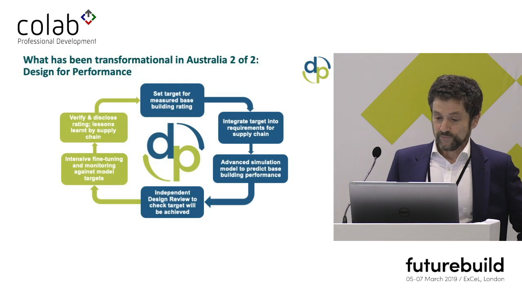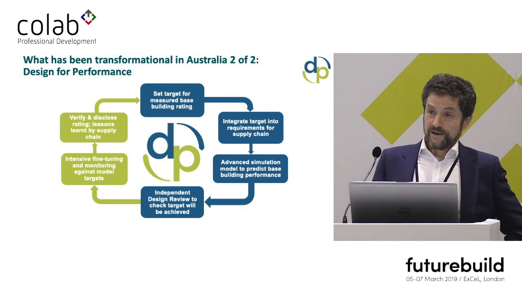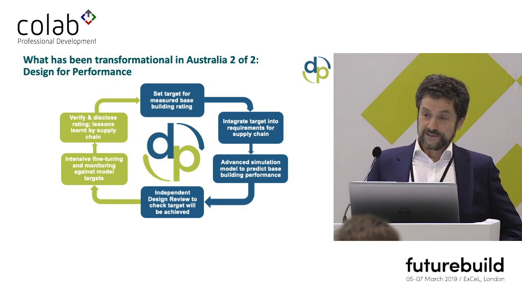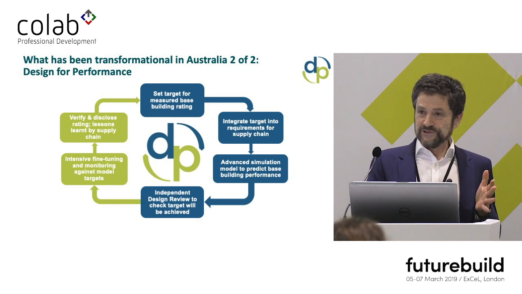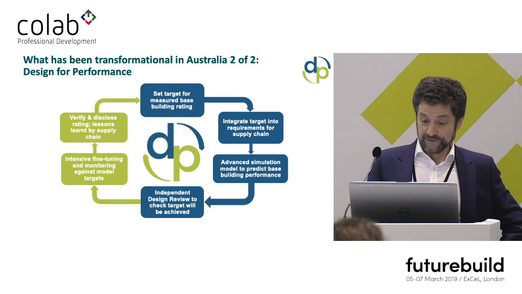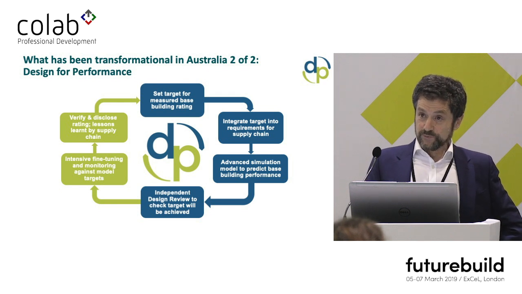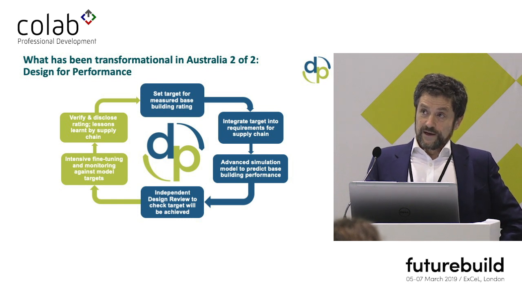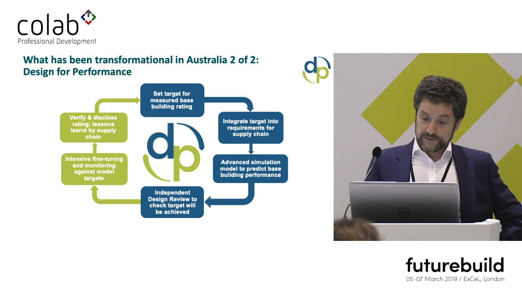So the second reason that Australia's had their success is obviously they've had to do something to reduce the amount of energy their buildings use by a factor of 3 on average. And these are the ingredients that they've learnt to introduce into their building design process.